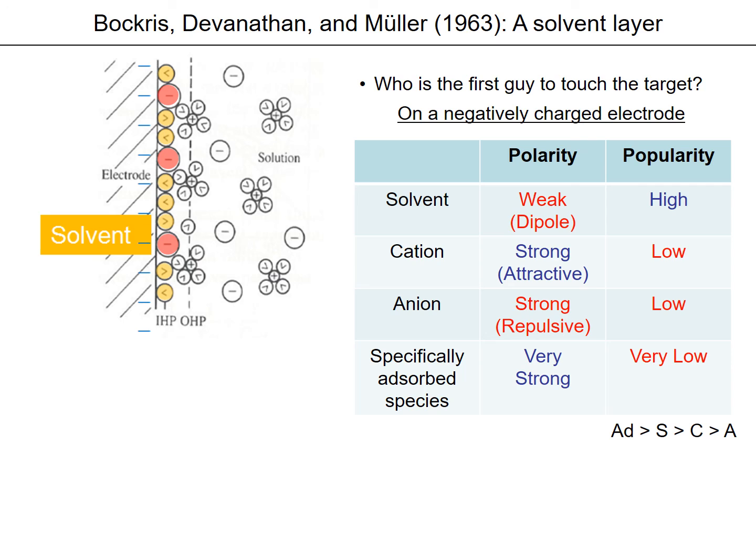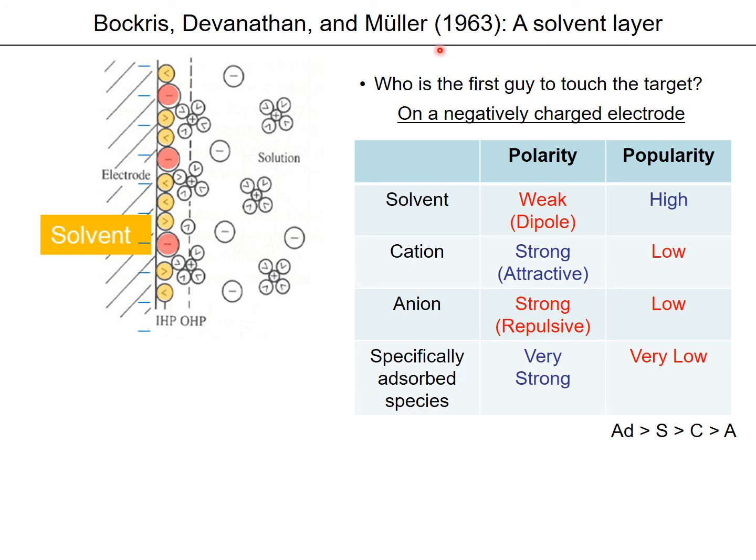Actually, in the previous models like the Helmholtz, Gouy-Chapman, Stern, and Grahame models, we didn't have any solvent molecule layers inside of the inner Helmholtz layer. In 1963, Bockris, Devanathan and Muller added the final layer onto the model for the electric double layer. That is the solvent layer.